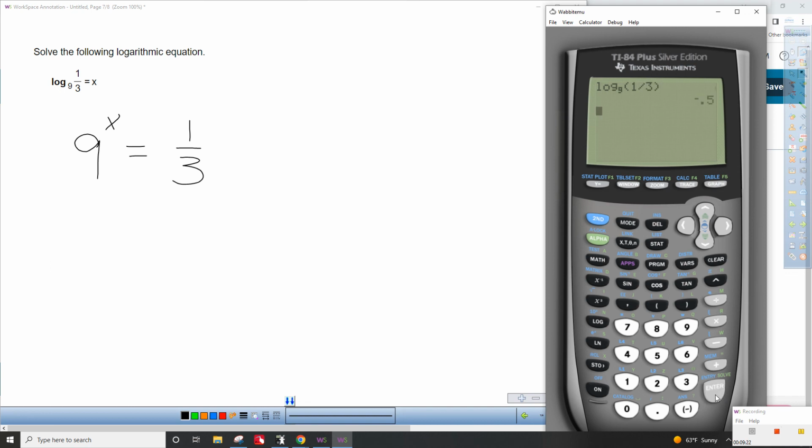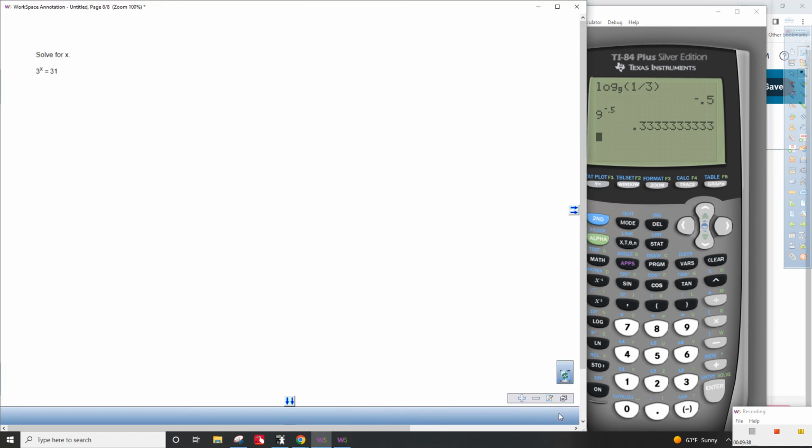Enter. There it is, -1/2. So that means 9 to the -1/2 power is 1/3. Don't believe me? Try it. 9 to the -0.5. Bam, 1/3. Okay. I think I got one more thing to show you, maybe.